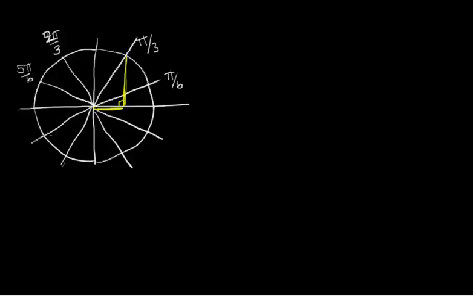Notice over here, let's say 7 pi over 6, if I drop a perpendicular to the x-axis, I get my y and my x, and in each case we have a 30-60. So let's draw the one that we should have memorized.